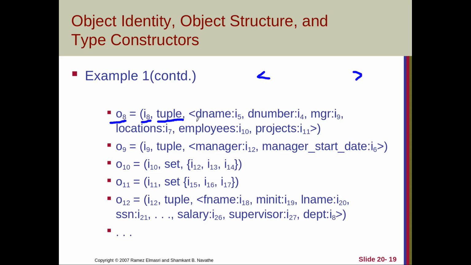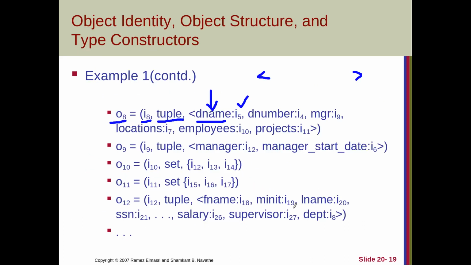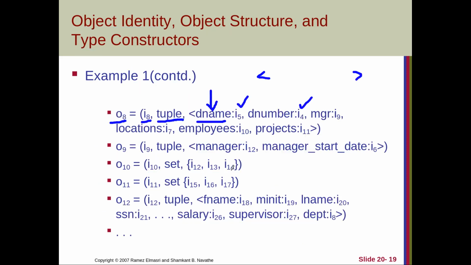First, department name colon I5. So it is again a tuple with one attribute, that is, department name colon I5. What was I5 there? I5 was Research. So department name Research is represented here. Department number is I4. What was I4? Department number I4 was 5. So that 5 will be here.